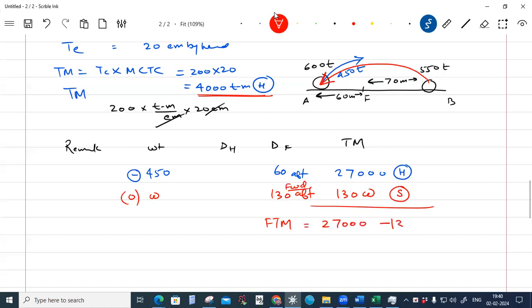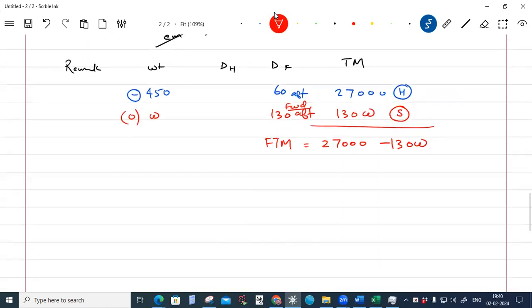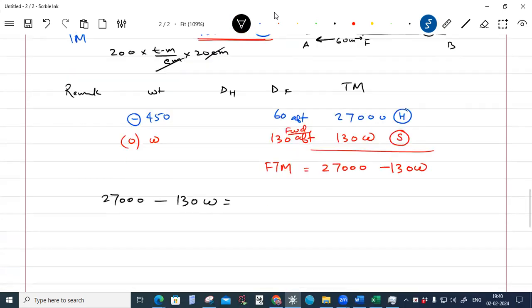One should be more and this one less, right? And that should be equal to how much? 4,000. 27,000 minus 130 W should be equal to 4,000.